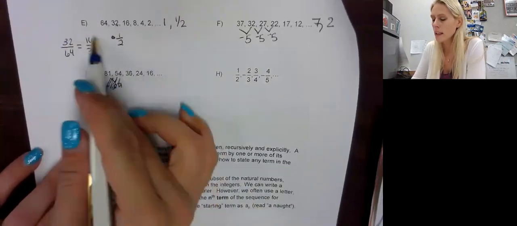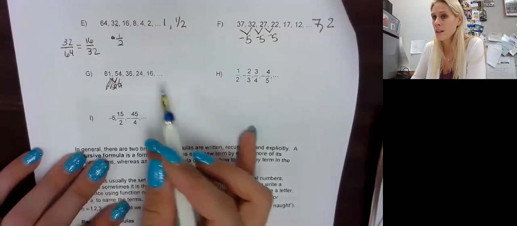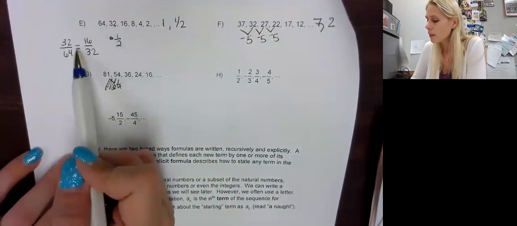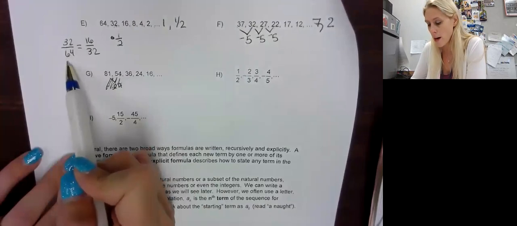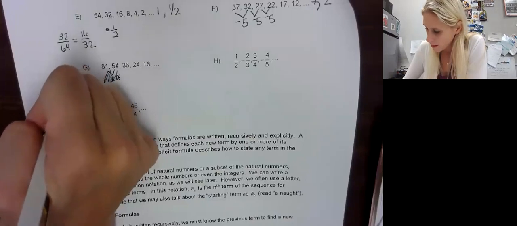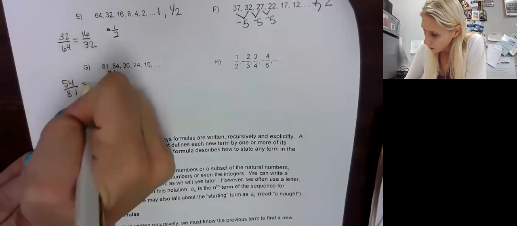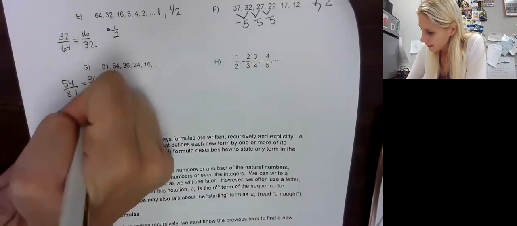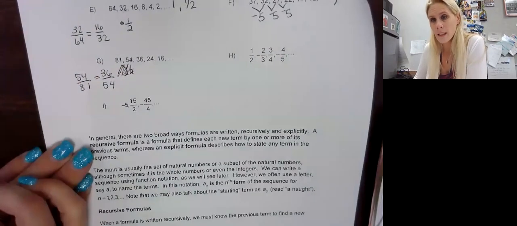Remember, as an E, we can try that because it doesn't look like a nice multiplication. Is that we take a number and we divide it by the term in front of it. So I'm gonna go 54 divided by 81. Does that equal 36 divided by 54? And it does.